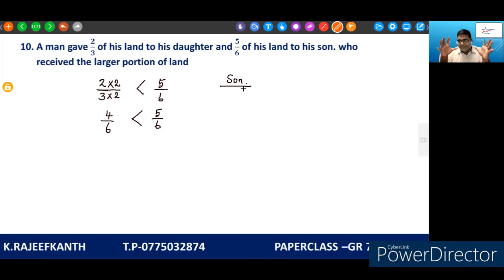So when we have to compare two fractions, if the numerators and also the denominators are different, we have to find the LCM of those two denominators. Then we have to make the denominators equal. Now we can compare the fractions because 4 is less than 5. Then we know the son received the larger portion.